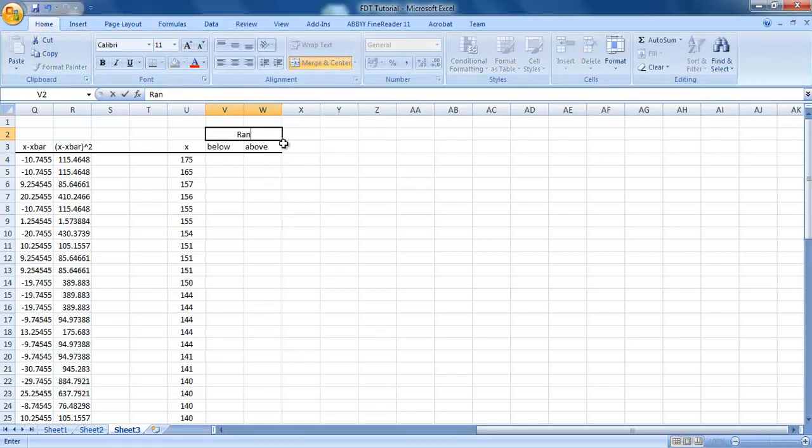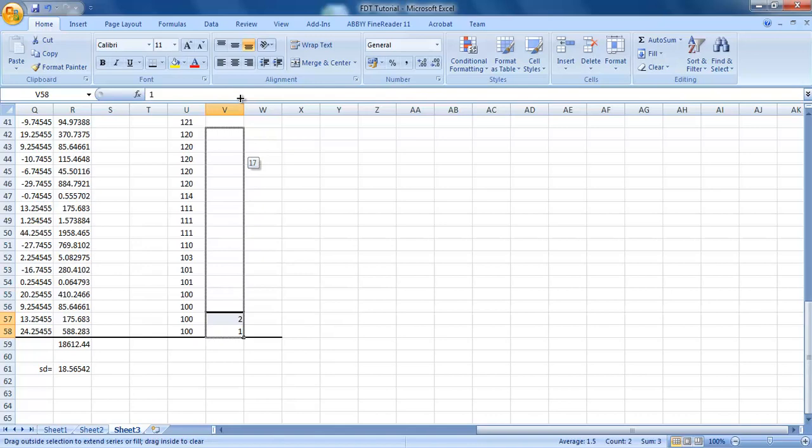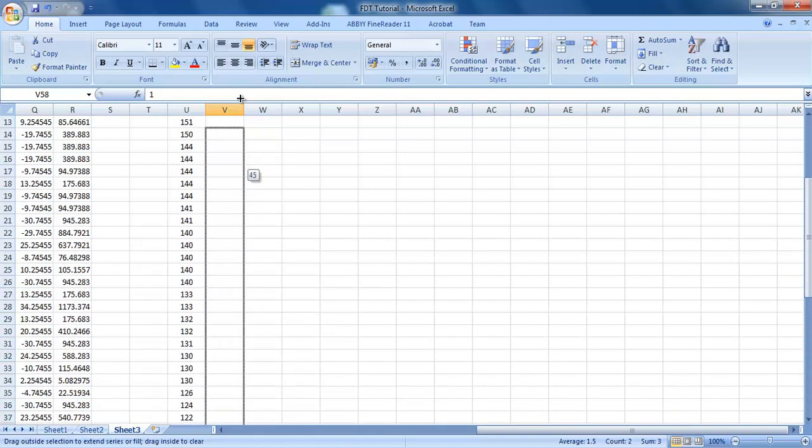So this is rank, capitalize below, capitalize above. If we're going to start from below, this will be our 1, this will be our 2. Then I'm going to select both cells, 1 and 2, then use the fill handle. Copy upward.